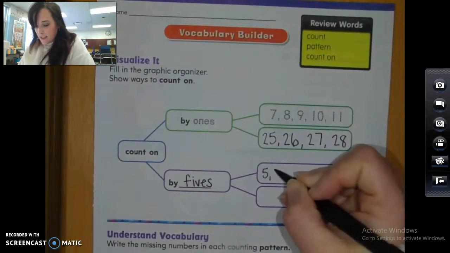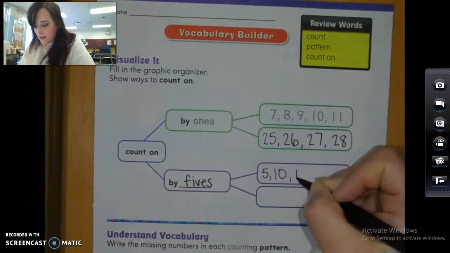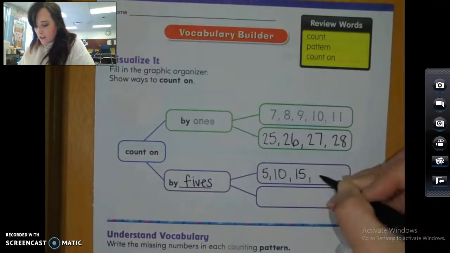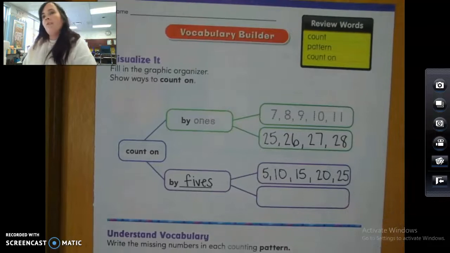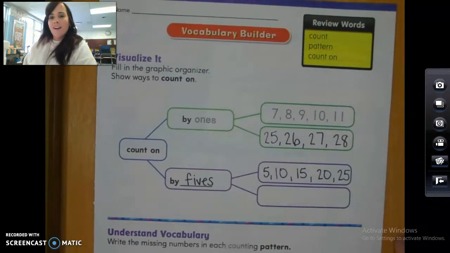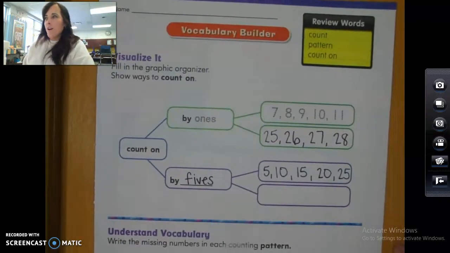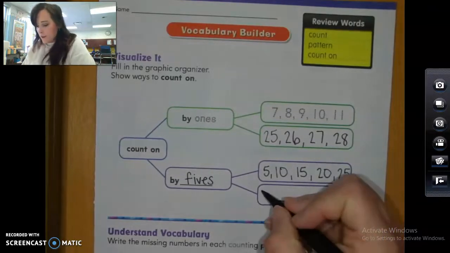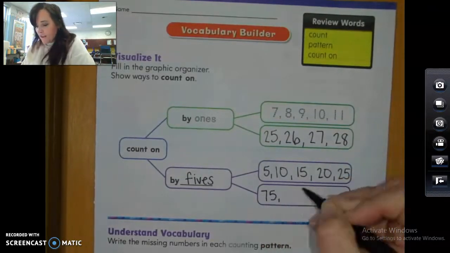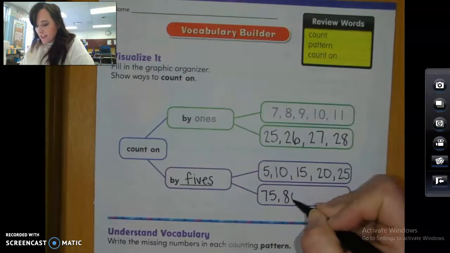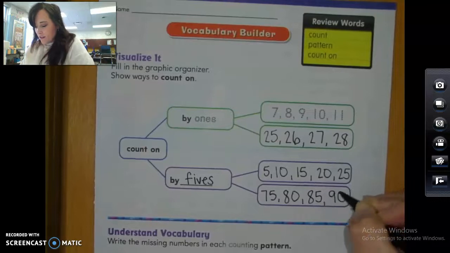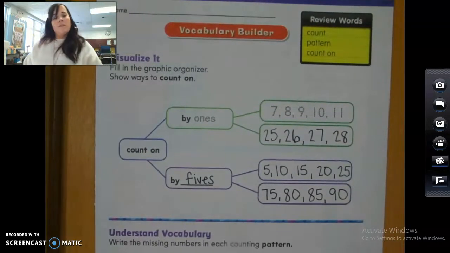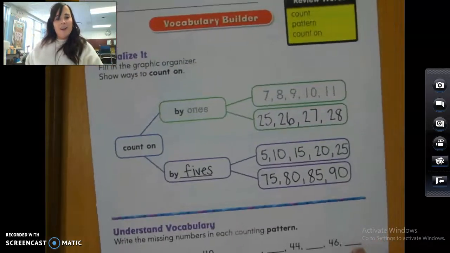Then what comes next? 10, 15, 20, 25. Okay. Now let's start at 75. So we're at 75, 80, 85, 90. All right, there we go.